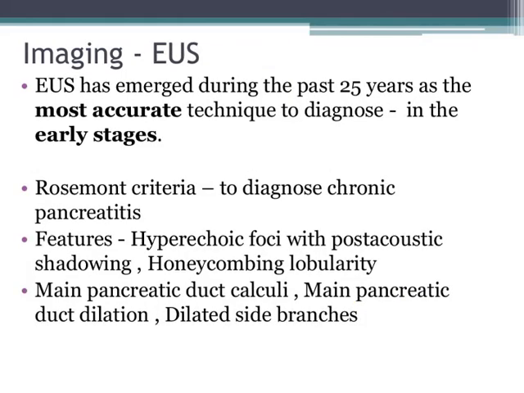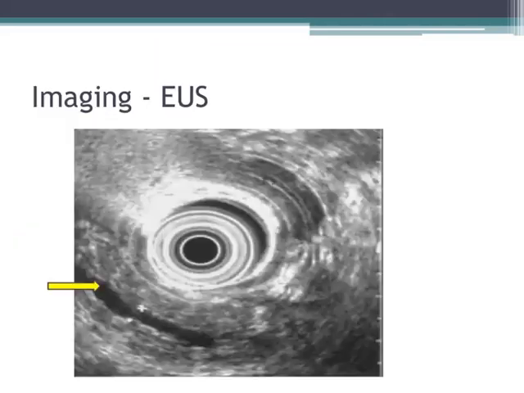Endoscopic ultrasound has emerged during the past 25 years as the most accurate technique to diagnose chronic pancreatitis in the early stages. On this picture you can see what this investigation looks like.